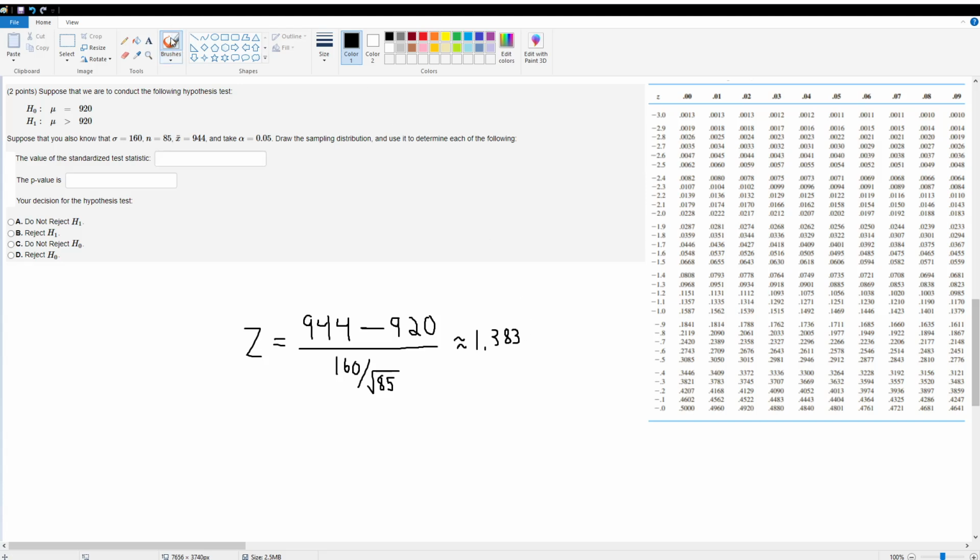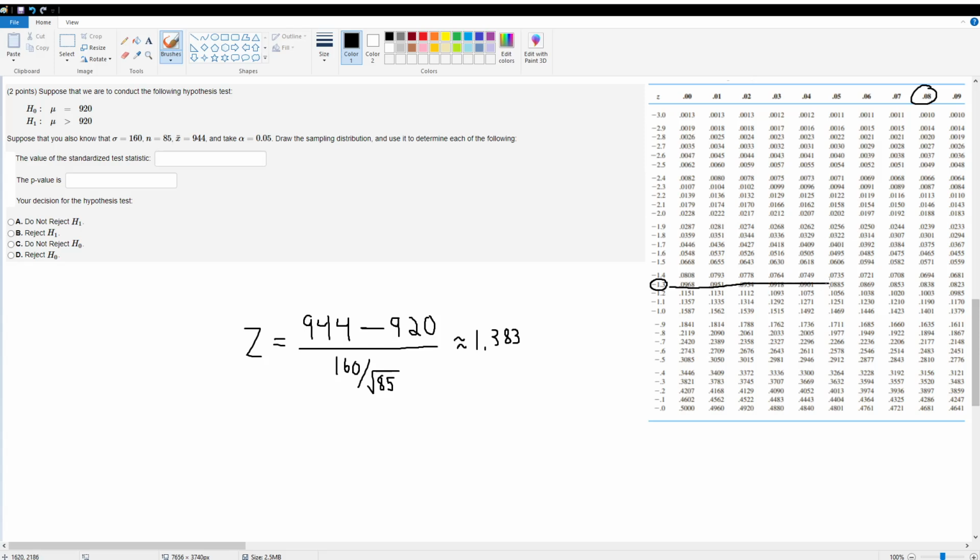Now, to get the p-value from the table, you might ask yourself, okay, we'll take the negative, so we'll look for our 1.3, and, well, I see an 8 up here, but where's the 8.3? What do I do from here? Well, here's the good news. First of all, let me show you what happens if we round it to the nearest decimal place and we go for the 1.38.